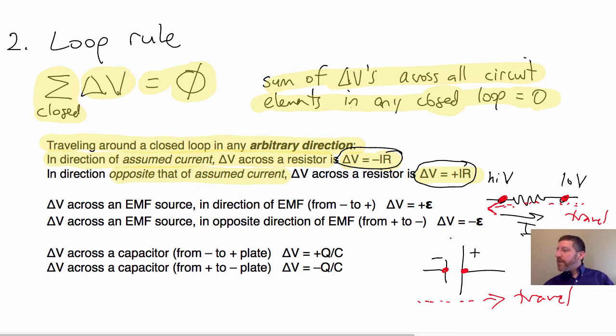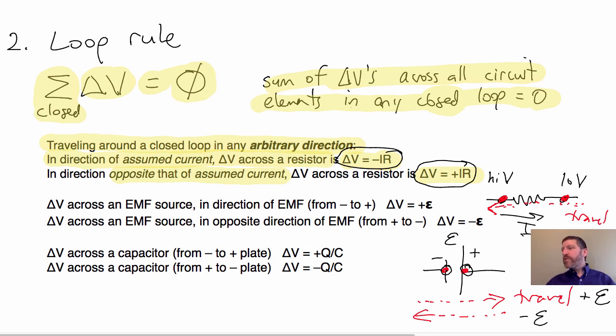So if this is EMF E, the delta V from there to there will be positive E. That's the change of potential. However, if we're walking around in the opposite direction, if we're traveling this way in our loop, then it will be the opposite of that. It'll be negative E, because if we're starting right here and ending there, it's like going from the top of a hill to the bottom of a hill. Our change of potential is negative.